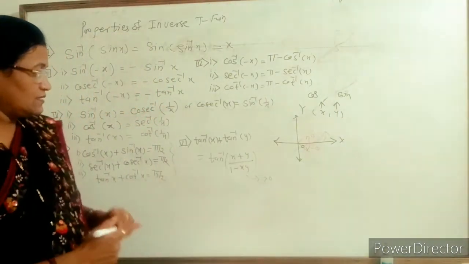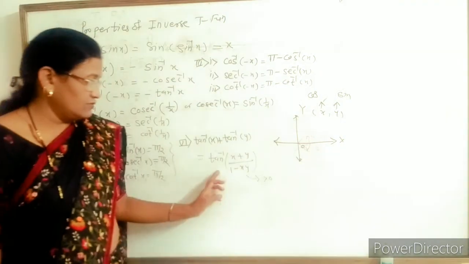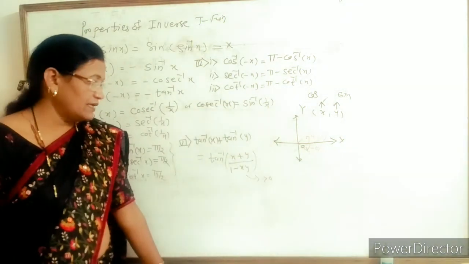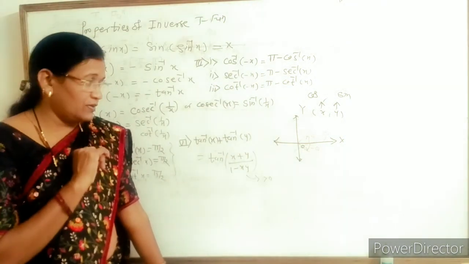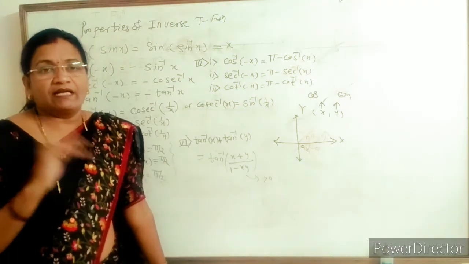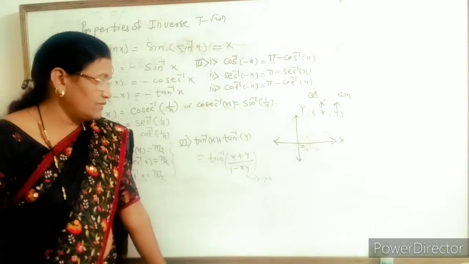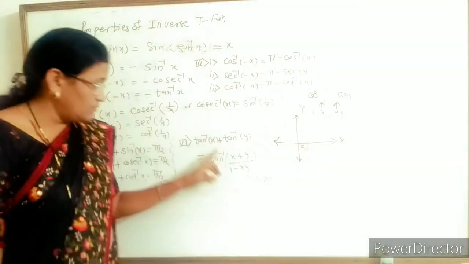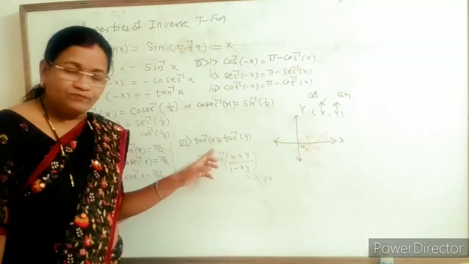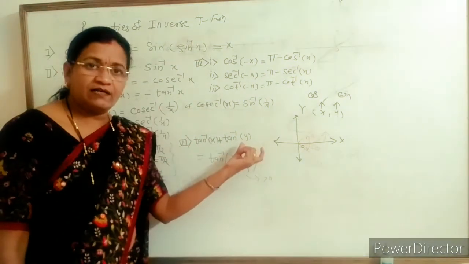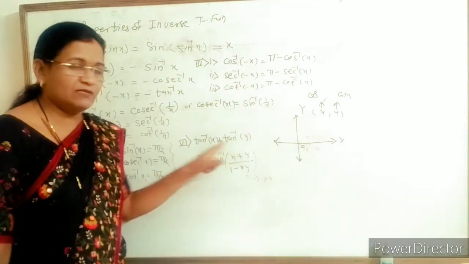As we learned, tan of alpha plus beta is equal to tan alpha plus tan beta upon 1 minus tan alpha into tan beta. We replace tan inverse x equal to alpha, so this is alpha, and the second value is beta. So we get the value of alpha plus beta.